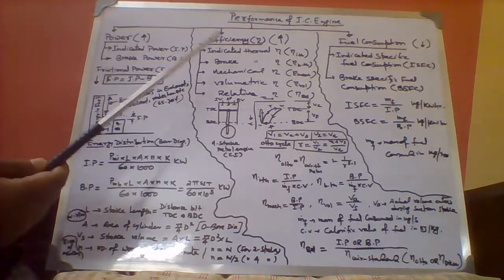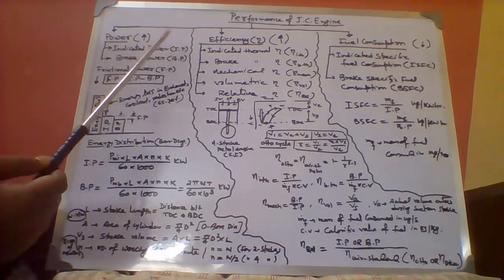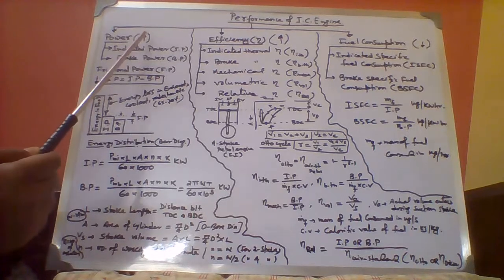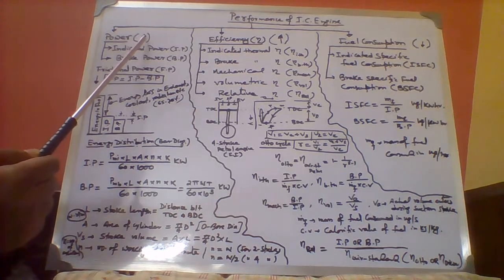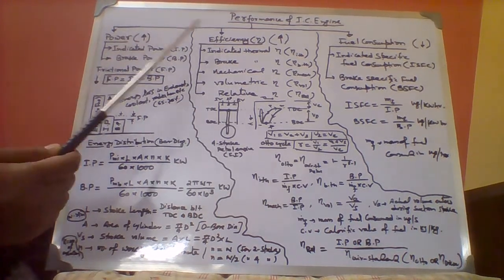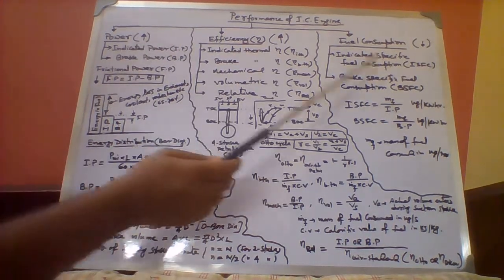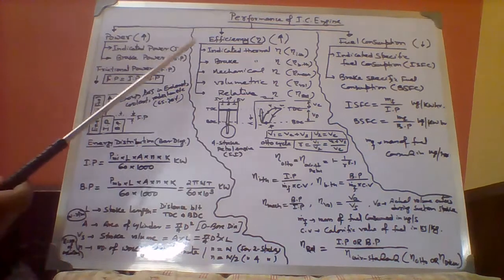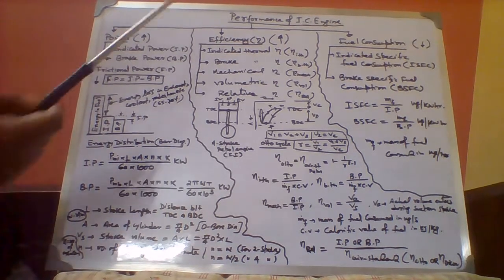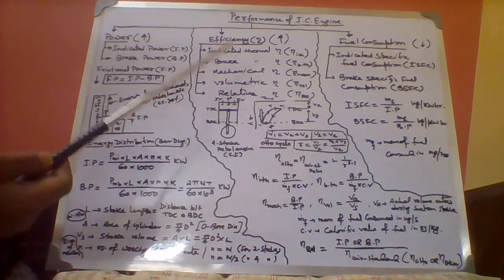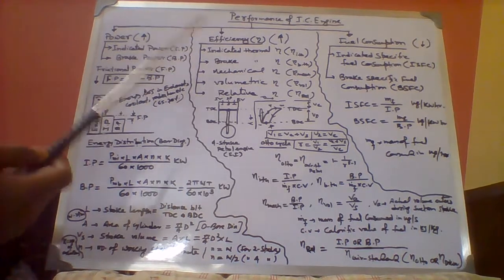So you can see in each of the parameters there will be some sort of arrowhead. The first two, power and efficiency, have the arrowhead in the upward direction, and fuel consumption has it in the downward direction. What this arrowhead indicates is the performance, whether it's satisfactory or not.